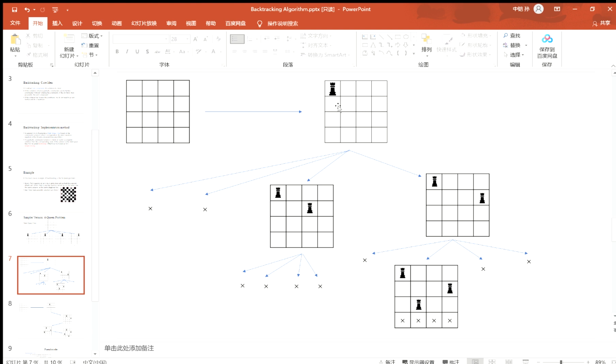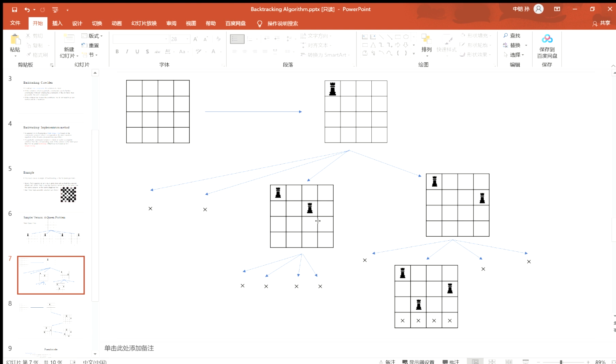It has 4 choices, here, here, here, and here. If we put our second queen here, it violates the constraints. If we put our second queen here, it also violates the constraints. Here, it does not violate the constraints. Here, it's the same. So we have 2 choices, here and here.